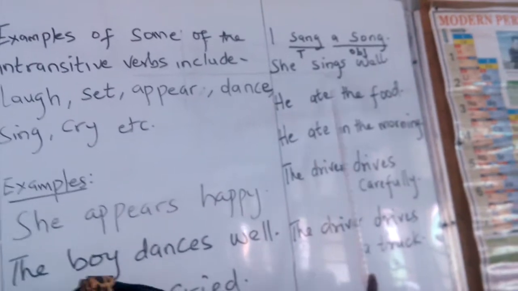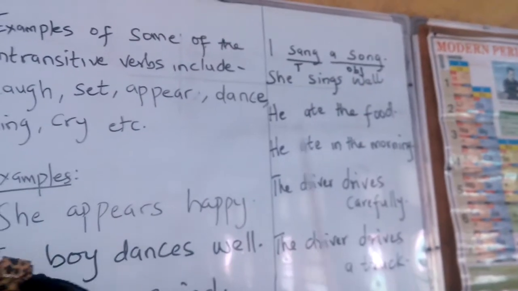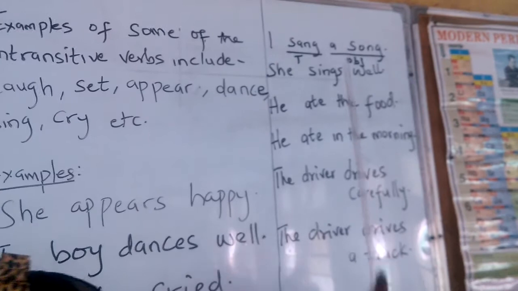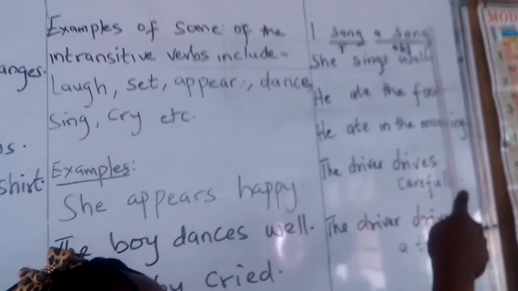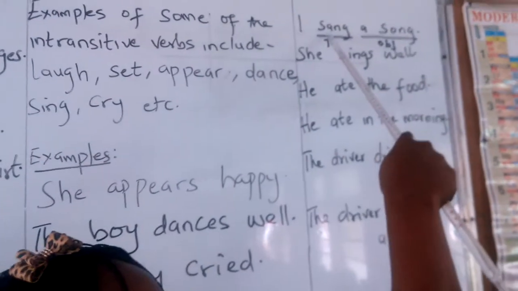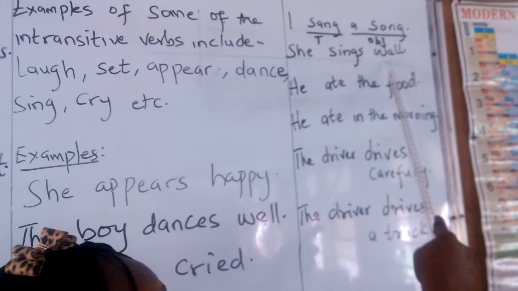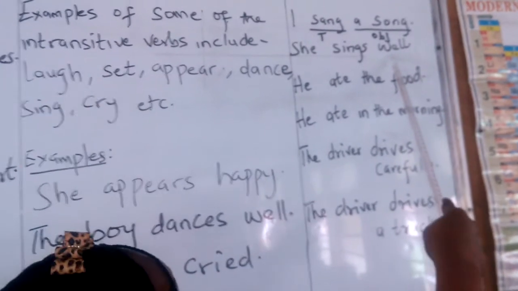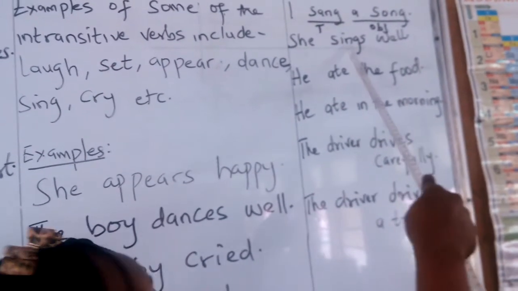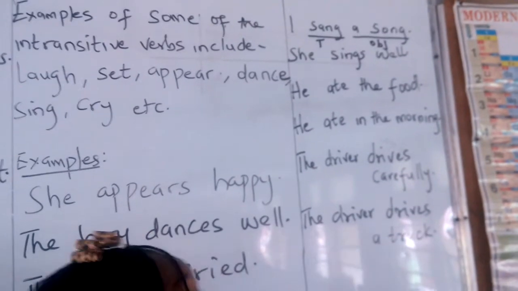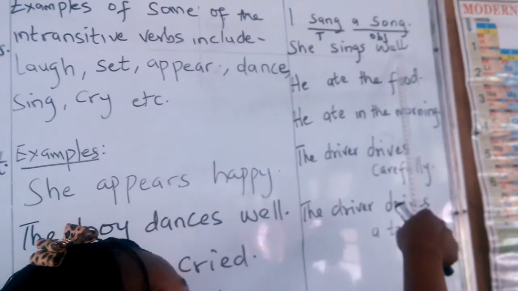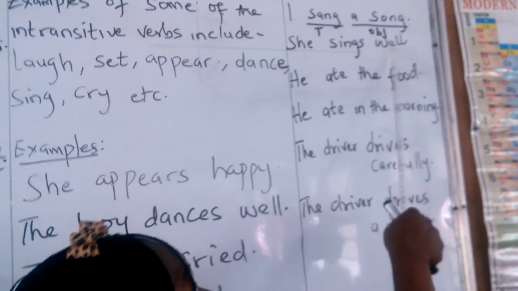Okay? She sings well. Now compare these 2 sentences. Here we have a song, an object that received the action of singing in the sentence. Here we have an adverb that tells us how she sings. So this is not the object. Even if you try to ask the question, what was sung, as in the first sentence, it will not give you the answer to be well.